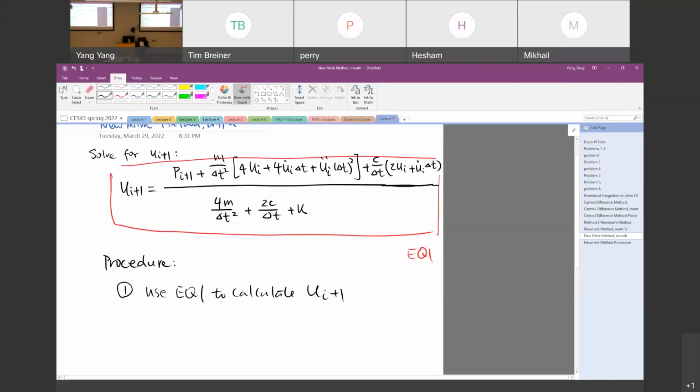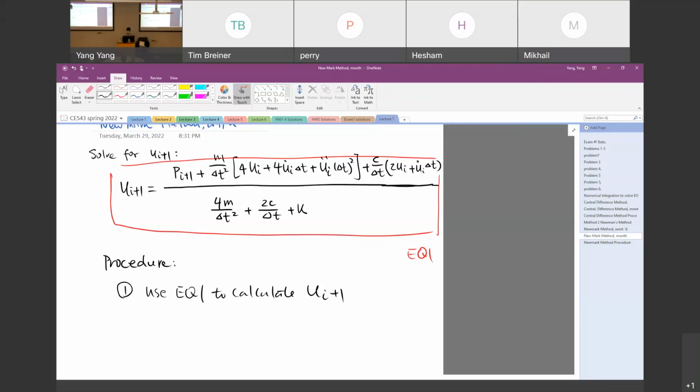For example, when we talk about initial condition, we can have the i equal to 0. And if i equal to 0, ui, that's the initial displacement. ui dot, that is the initial velocity, and the ui double dot, that is the initial acceleration, right? So if we know those numbers, we should be able to calculate the displacement at time one. So that we can get that number for the displacement at time one.